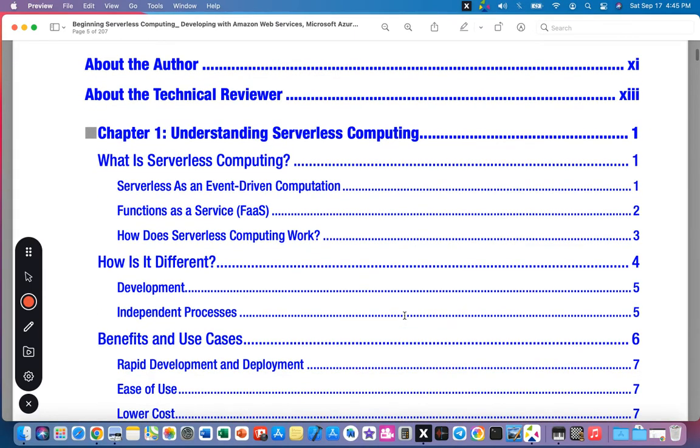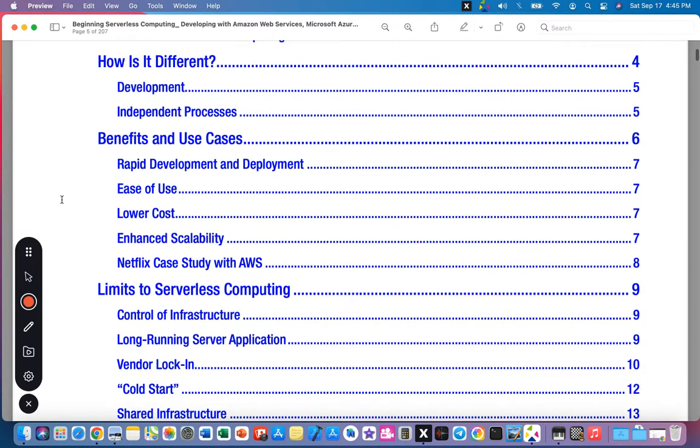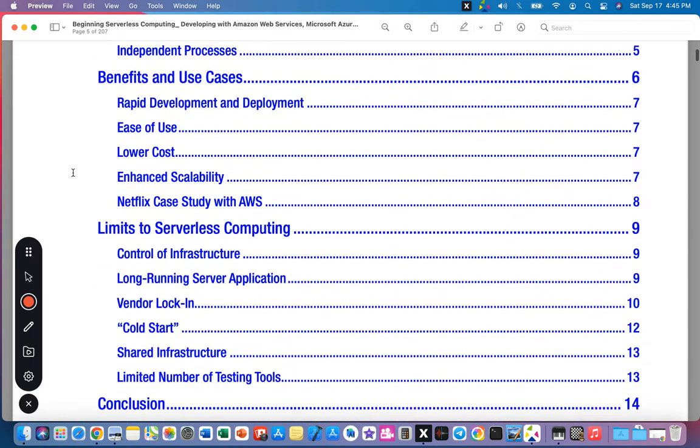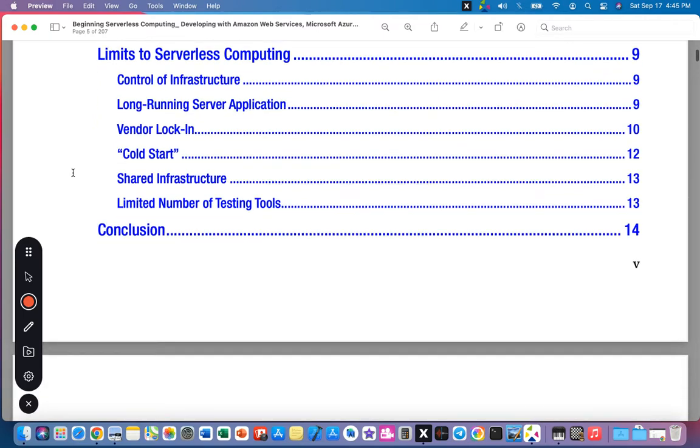Here's the table of contents. Chapter 1 is talking about understanding serverless computing. It answers the question, what is serverless computing? And how it is different. And it talks about the benefits, use cases, and limits of serverless computing, right?